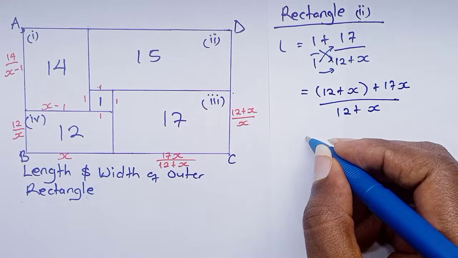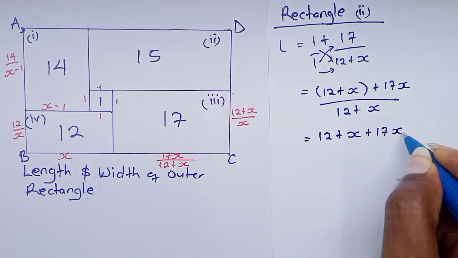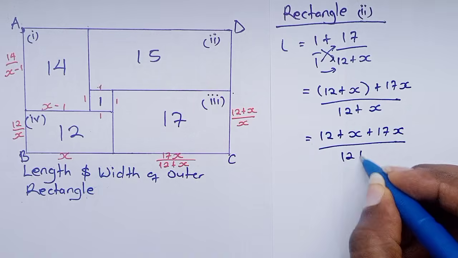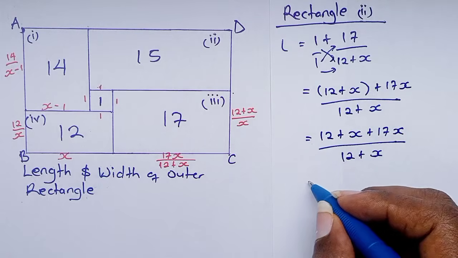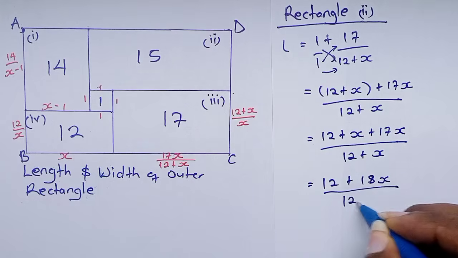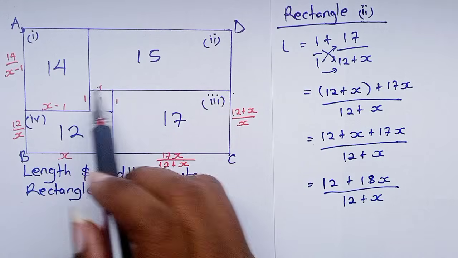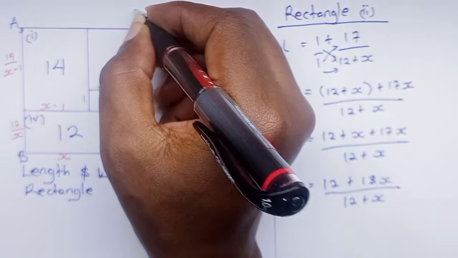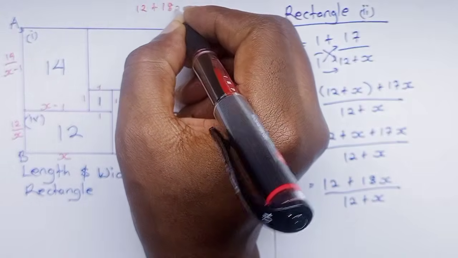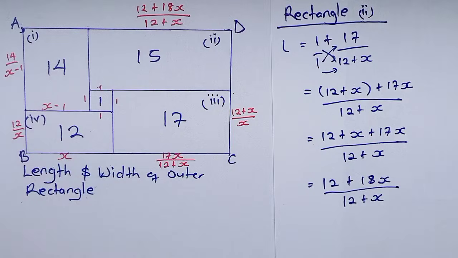Okay, so this will be equal to 12 plus x plus 17x, which is 12 plus 18x over 12 plus x. Therefore, the length of rectangle 2 from here to here is 12 plus 18x over 12 plus x.